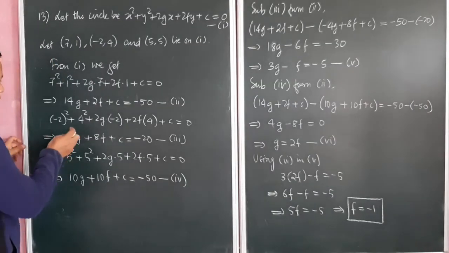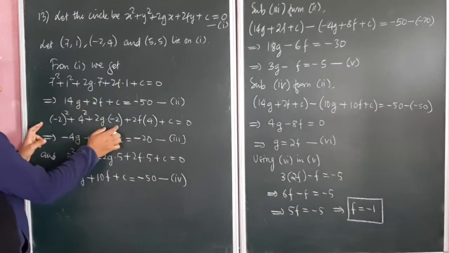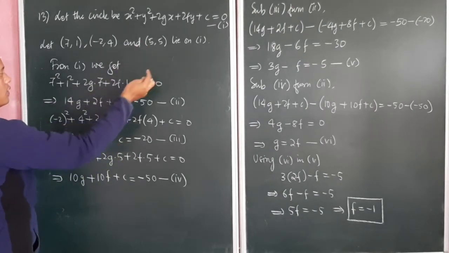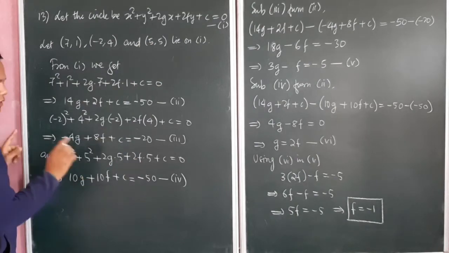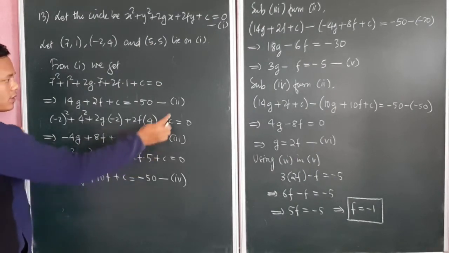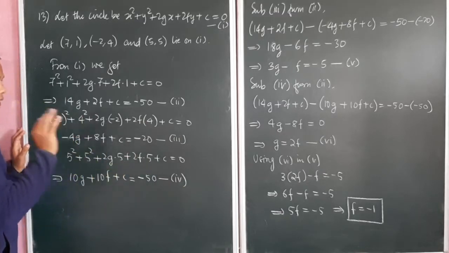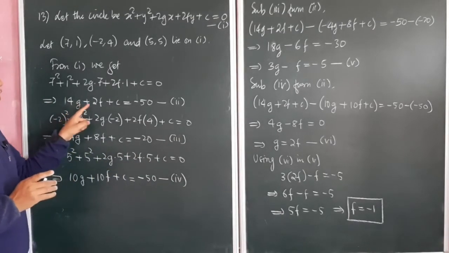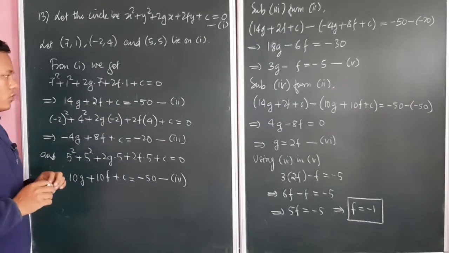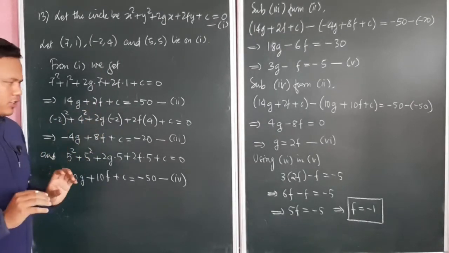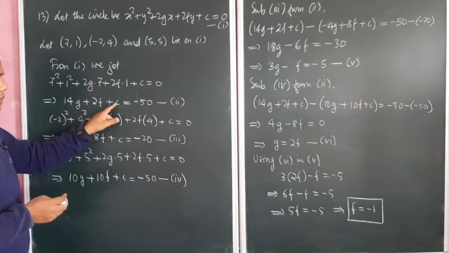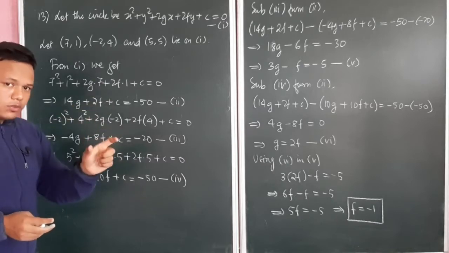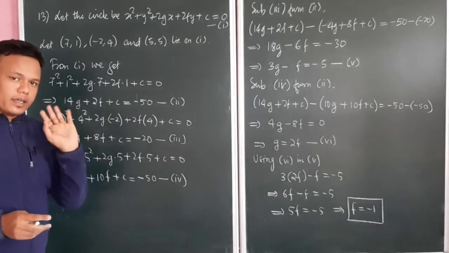Now in the same manner, when you simplify the other points, you will arrive at these equations. I have named these 2, 3 and 4. Now there are three variables, g, f and c. So we are going to use any two equations. For example, you can use these two, eliminate c, and arrive at one equation with only g and f.